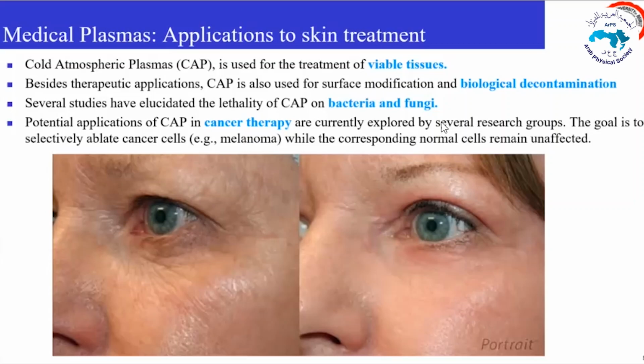So now we have a potential in cancer therapy, currently explored highly and in a quite strong fashion in the United States. The goal here is to selectively ablate cancer cells while the corresponding normal cells remain unaffected.